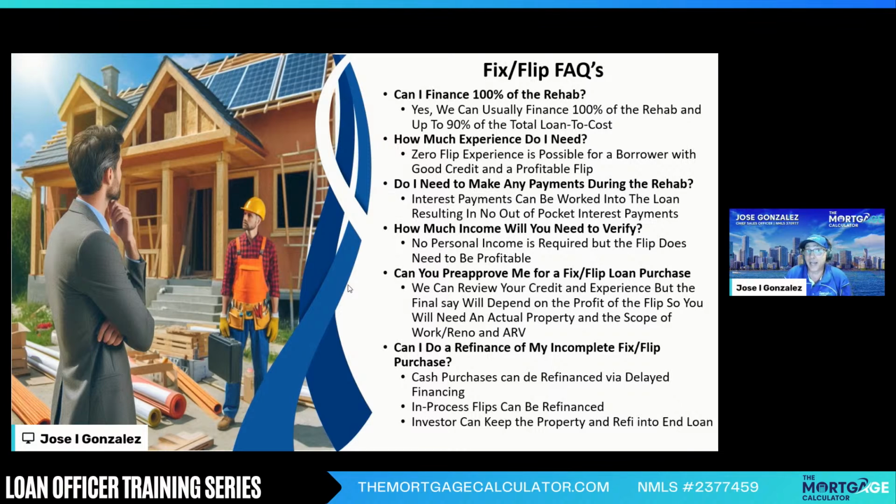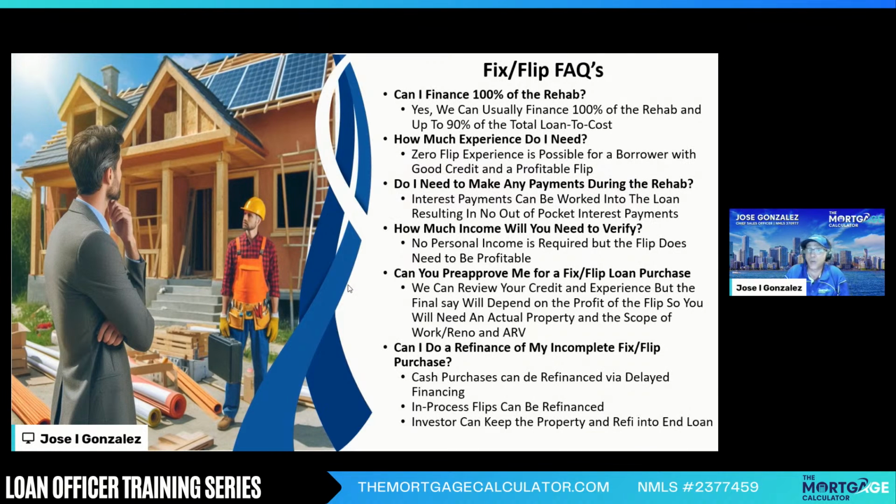Usually we end up at up to 90% of the total loan to cost, right? That's cost of the rehab and cost of the flip, not the LTV, the loan to value. This is loan to cost. So that's the biggest thing there where experience is going to come into play. Track record is going to determine more the percentage of the loan to cost that you're going to borrow.